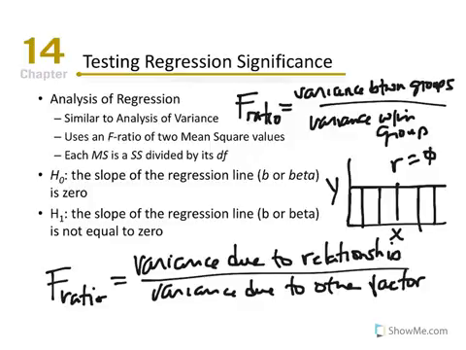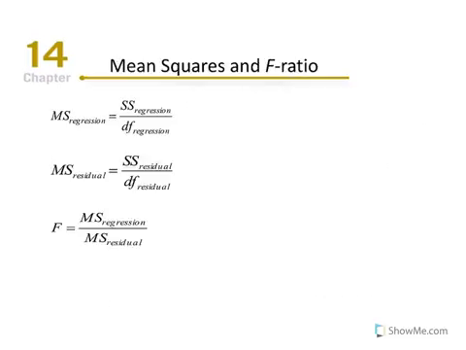So the alternative research hypothesis states that the slope of the regression line is not equal to 0. That it would either be a positive or negative slope, depending on the relationship, but it will not equal 0. So the structure of our F statistic down here is similar to what we saw in our analysis of variance. It's an MS over its corresponding degrees of freedom.